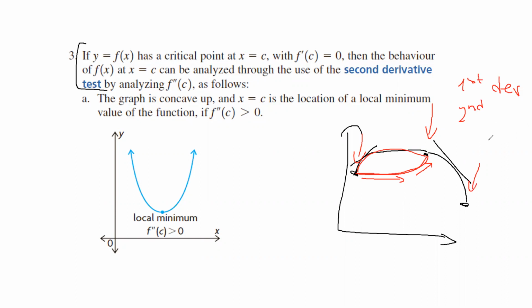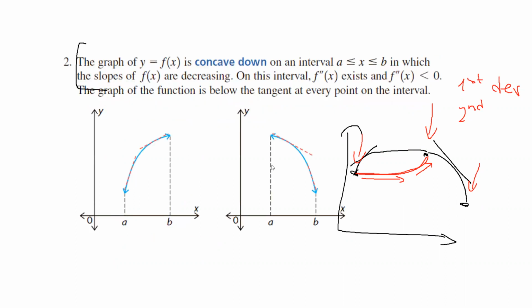So if we went with the red, it would be positive, and the black would be a negative sign. And remember why? Because it's either concave up or concave down, and concave up and concave down are defined by the sign of the second derivative on the interval.